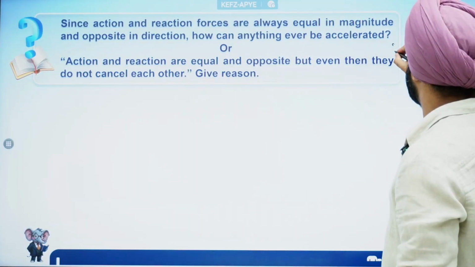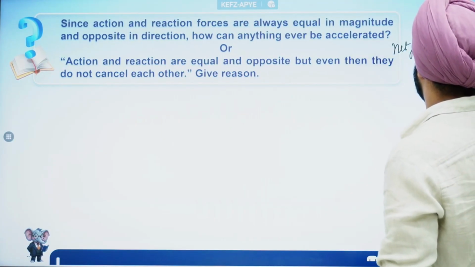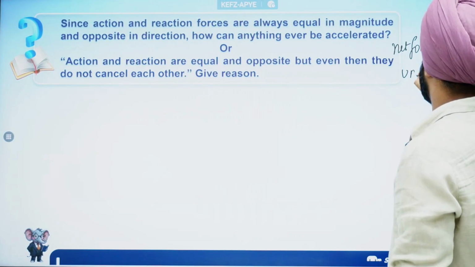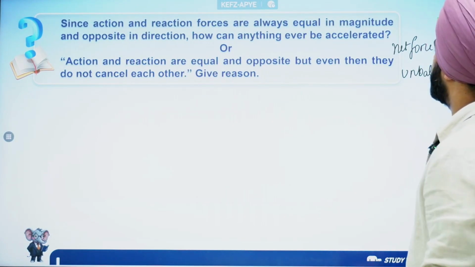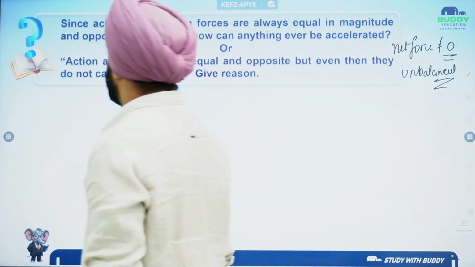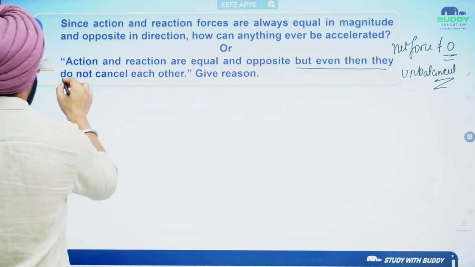If the net force on the body is not zero, it is unbalanced, right? So obviously they do not cancel out each other.